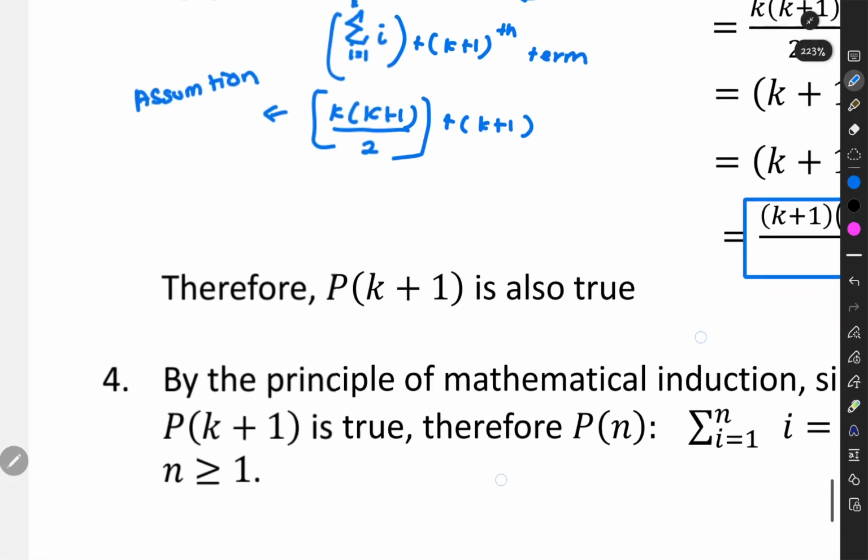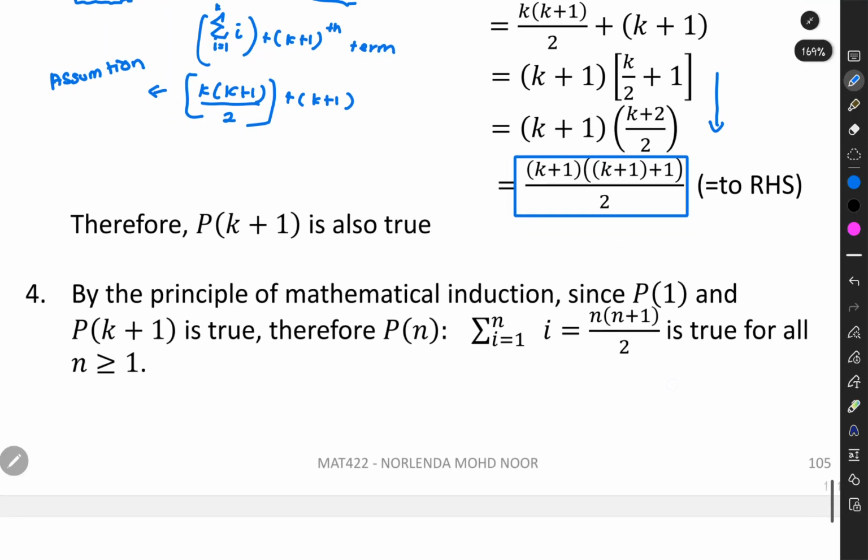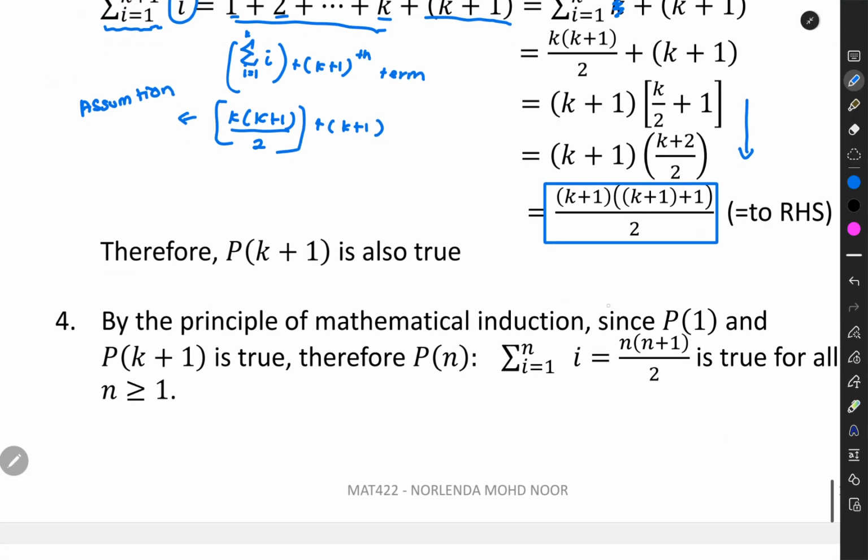So by the principle of mathematical induction, since P of 1, kita mention P of 1 and your P of k is true, therefore it is true that the summations of I from 1 to n, so n is like the general, not that specific k, equal to n times n plus 1 over 2 is true for all n that is greater than or equal to 1.